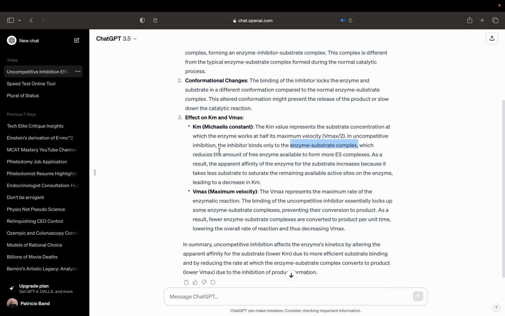Which reduces the amount of free enzyme available to form more enzyme substrate complexes. How does it do that? As a result, the apparent affinity of the enzyme for the substrate increases because it takes less substrate to saturate the remaining available active sites on the enzyme, leading to a decrease.